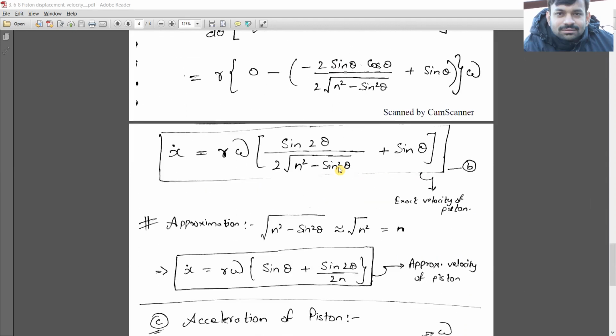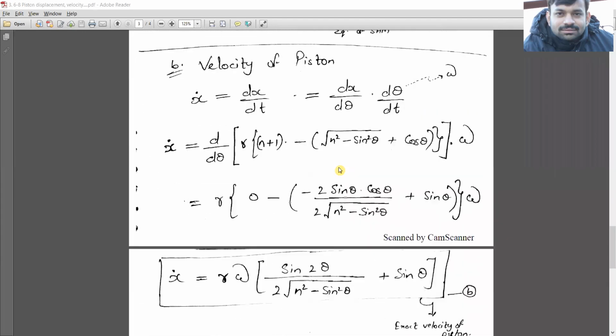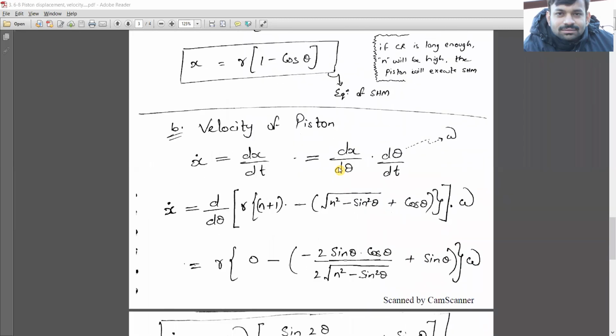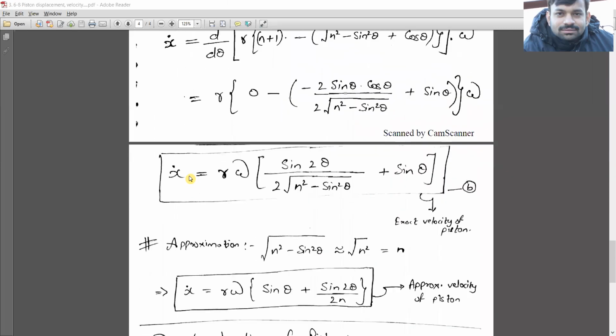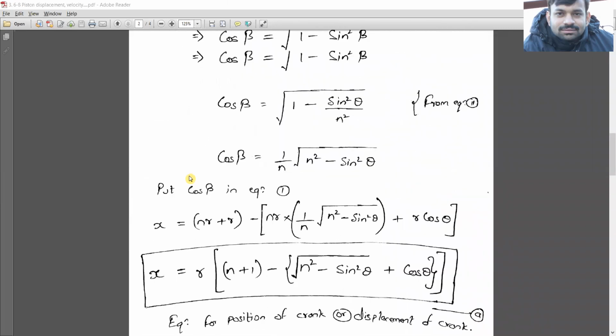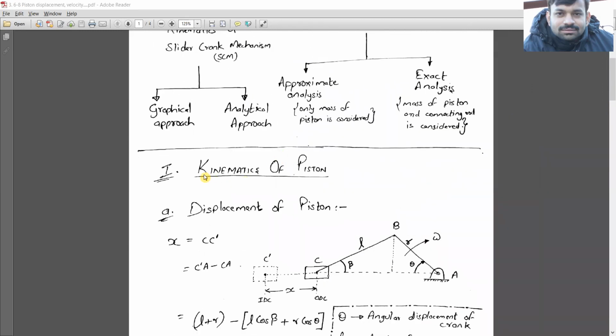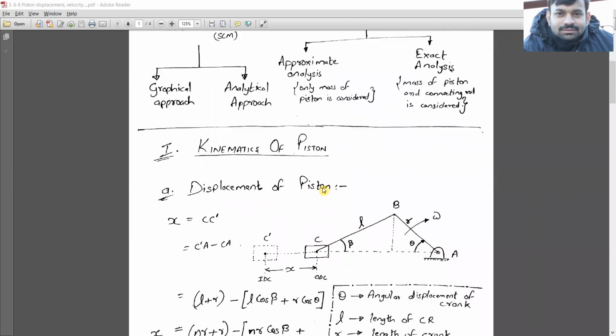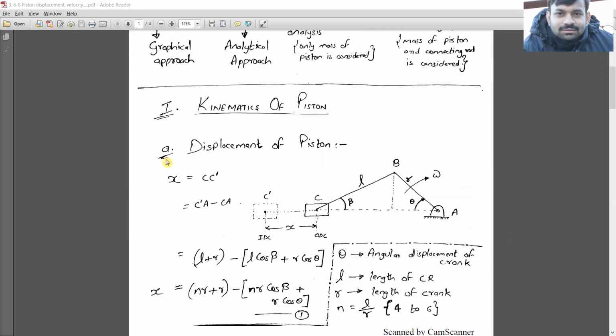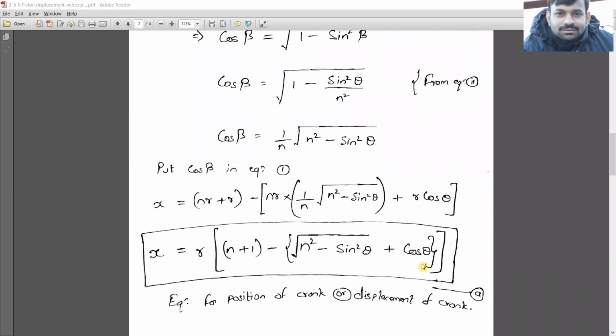This is it for today. We'll conclude the class over here. So in today's class, we discussed the analytical approach to determine the velocity of piston and acceleration of piston. In kinematics of piston, we studied three things: displacement of piston, whose equation is this.